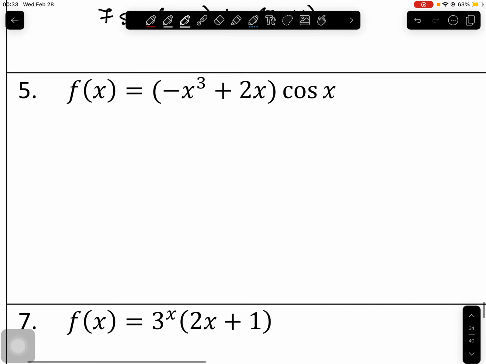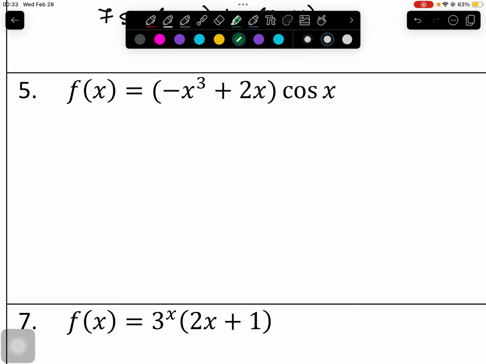Okay, number 5. Now here we're going to use the product rule, so I'm going to use colors so it helps you guys. Right, so now this first part, I'm going to take the derivative of this first part, which is basically going to be negative 3x squared plus 2 times cosine x.